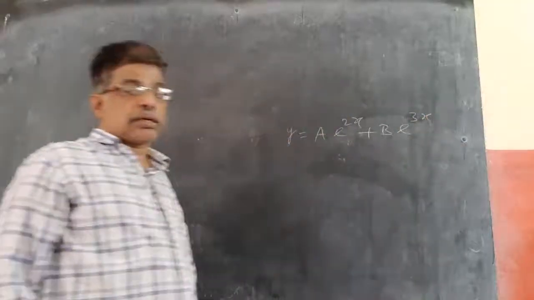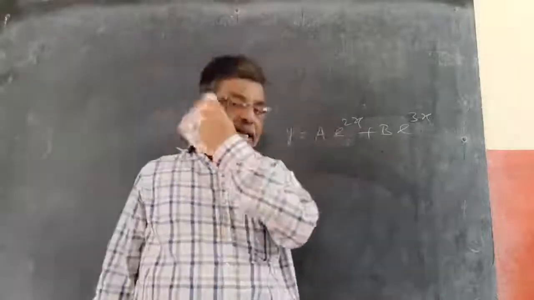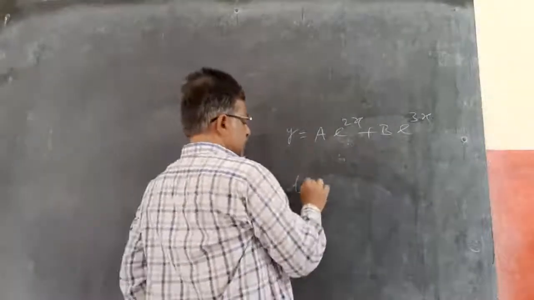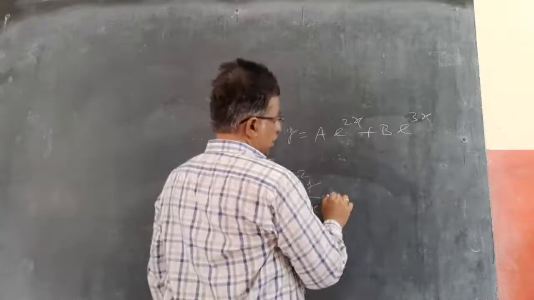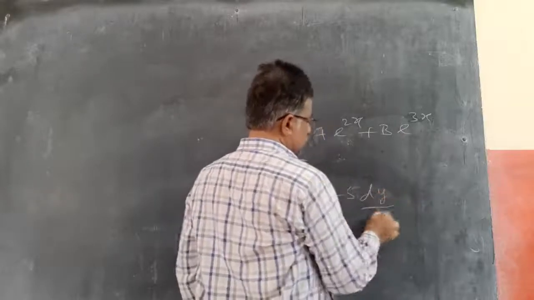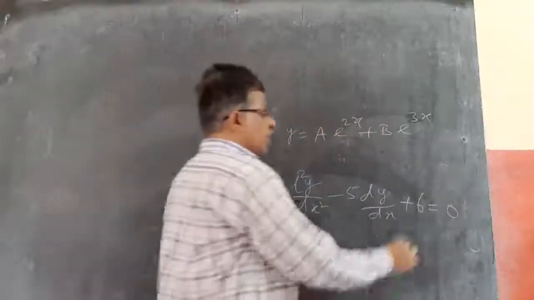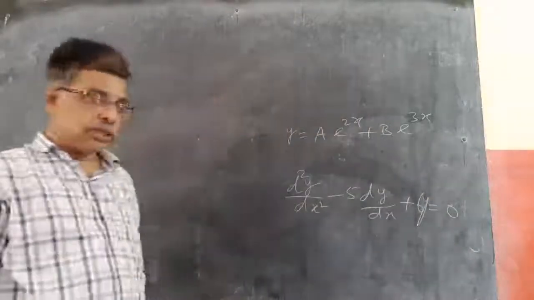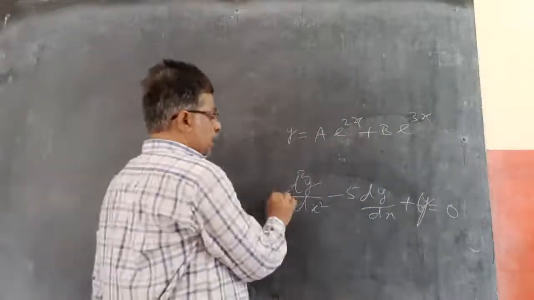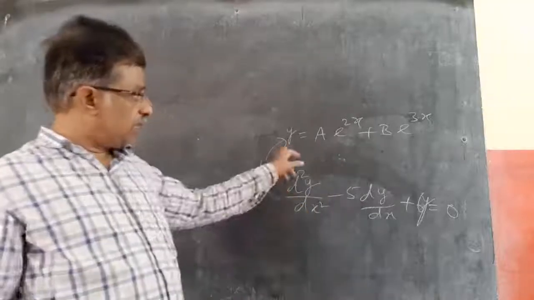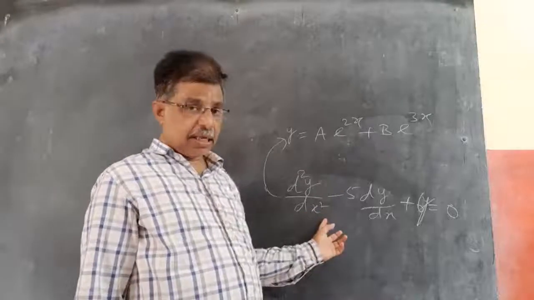If you differentiate this two times and eliminate the constants, you will get a differential equation like this: d square y by dx square minus 5 dy by dx plus 6y equals 0. This means y equals a e power 2x plus b e power 3x is the general solution of the differential equation.